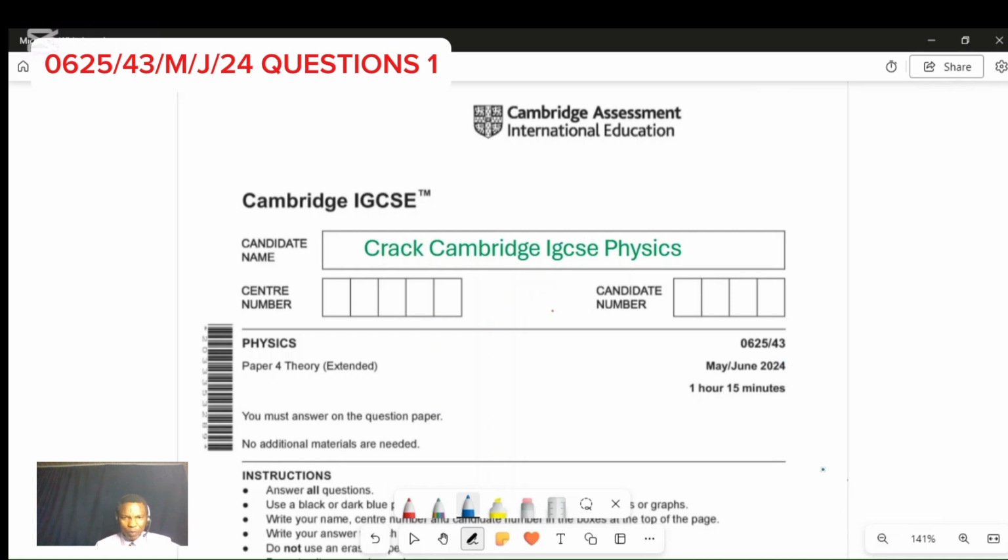Today, we're going to be learning how to crack Cambridge IGCSE Physics, and we're going to be using the Paper 4 Theory Extended, Variant 3, May-June 2024. I'm ORISHEJE Matthew.